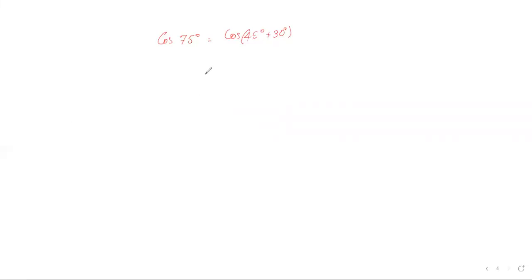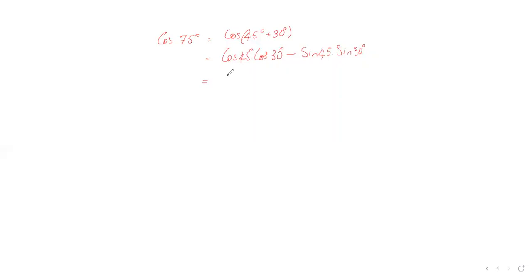That will be the cos of 45 times the cos of 30, separate development here. Change the sign into the sine of 45 and the sine of 30.